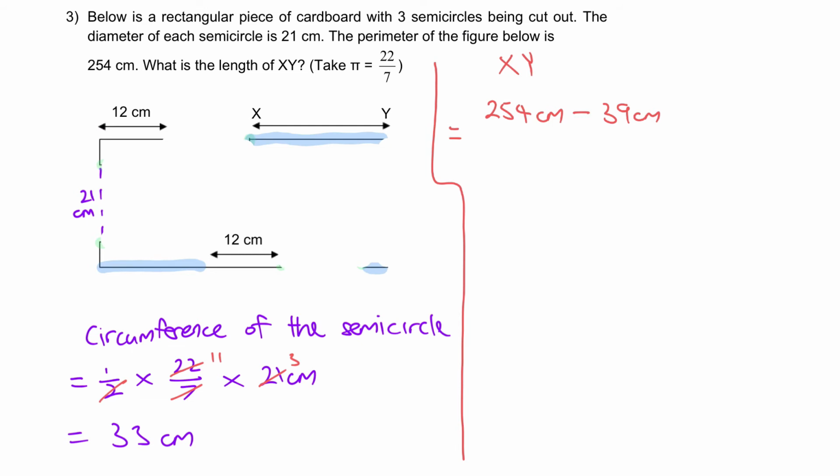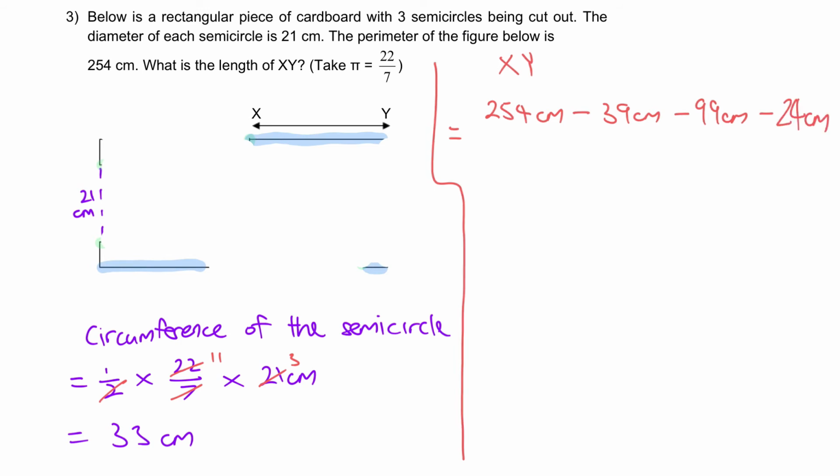So how many 33 is that? 3 of them. That will be 99 cm. What else? I can minus away the 12 cm. So minus away 12, minus away 12. That means I will subtract another 24.